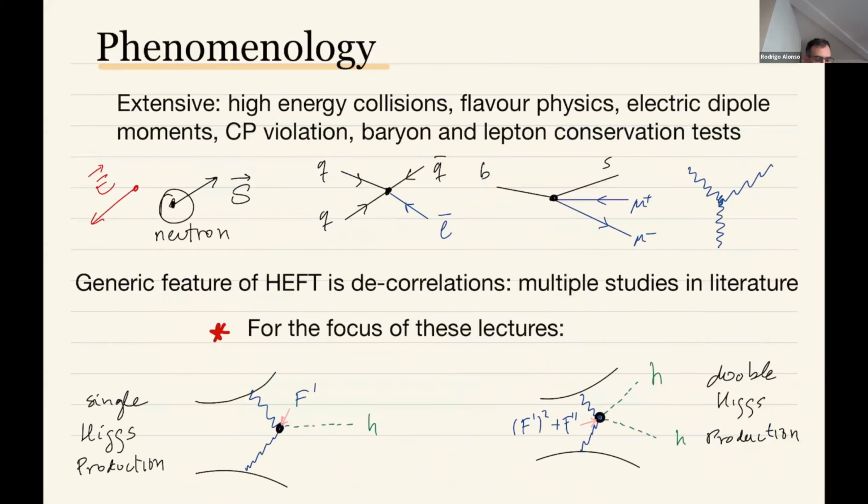Now, just a few quick words of phenomenology. I'm really not giving it any fair treatment. There's so much more to phenomenology in HEFT and in SMEFT, and hopefully Professor Chart is covering some of that. Let me just mention that the possible physics that HEFT covers goes well beyond what you might expect.